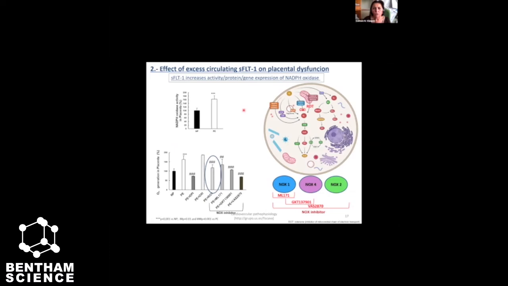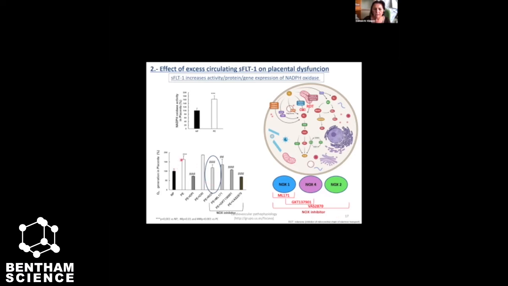According to the activity and expression of NADPH oxidase, we found an increase in the activity of NADPH oxidase. And when we measure the source of superoxide anion generation in placenta from preeclamptic animals, we use rotenone. Rotenone is an inhibitor of the mitochondrial chain of electron transport.